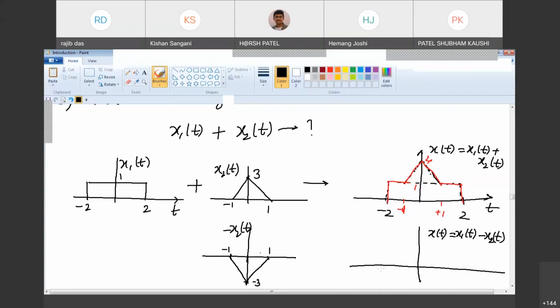Again, in a similar way, this is -2 and +2 for x1(t). Now I can add this one, placing it with respect to this. So it will be +1 and -3, which is -2.